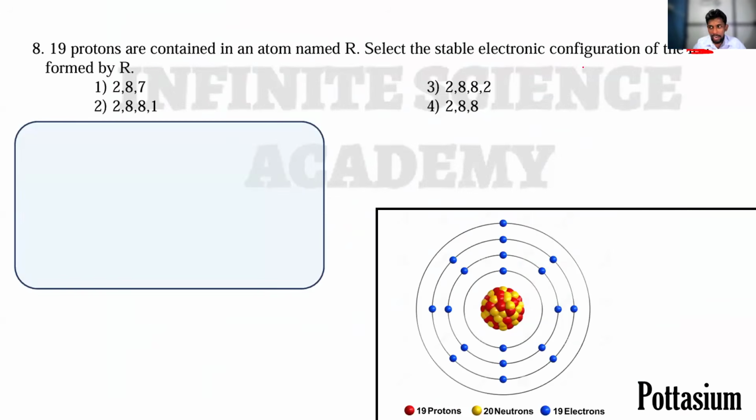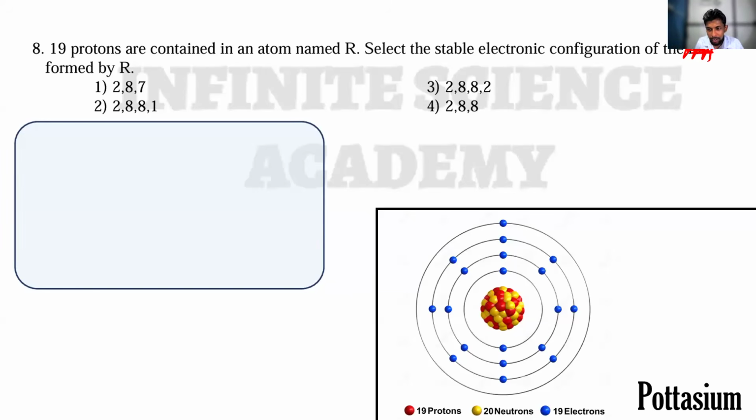Okay, in question number 8, cut that term iron. Just ignore the term iron, but the question is not wrong. The question is correct. But here we have put that question under the electronic configuration part, not for the ions, right? Here we are discussing the atoms. We will discuss the ions in a separate part. We have a separate subheading for that.